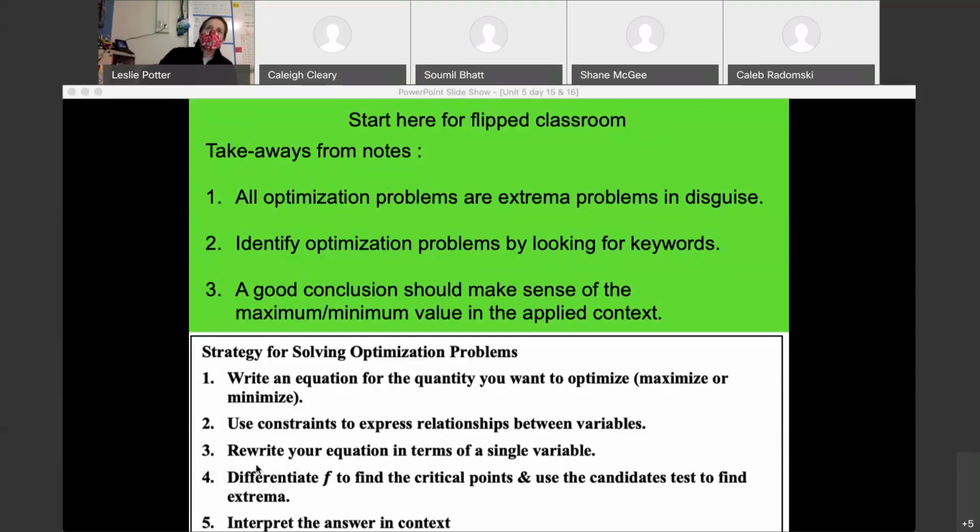So the difficult thing is probably number 2, using the constraints to express the relationship between variables so that we can do number 3, rewriting it in a single variable. Okay, that I think is the meat and potatoes. Once we get the single variable, the differentiation doesn't seem to be that bad. So 4 is where the calculus comes in.